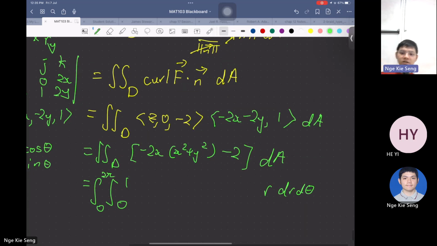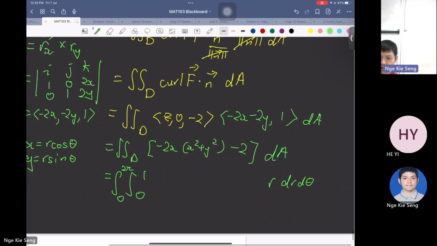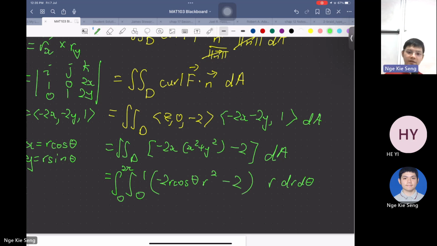When you change everything inside into polar form, what do we get? We get 2r cos theta, and then r squared, and we multiply by our r. Let's leave it in this form first. How to do this computation? You can see that the first term has cos theta.